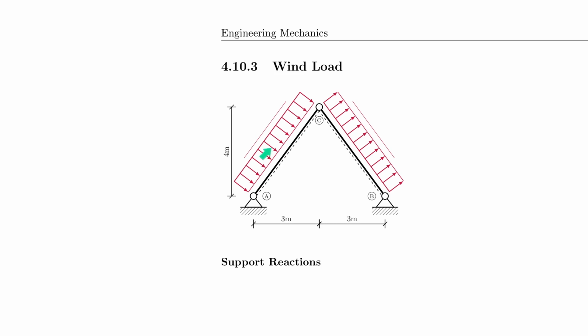ASCE 7 is the document that defines wind. This is beyond the purpose of this class. But based on the geographic region, it tells you how much wind pressure and wind suction you have. Of course, again, it's also dependent on the geometry of the roof, which goes way beyond the purpose of this lecture. But just so you know, that is defined somewhere else.